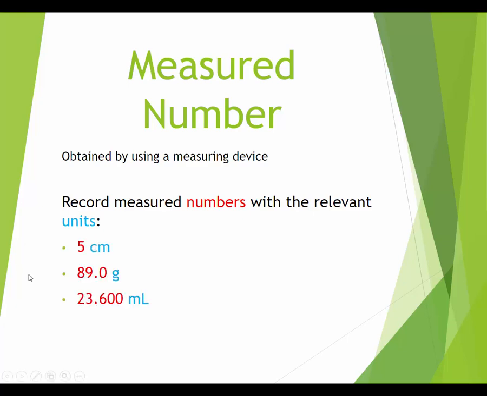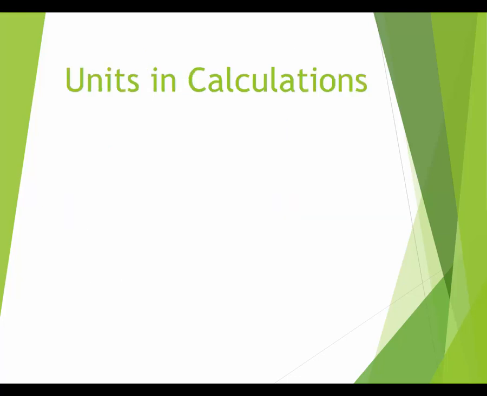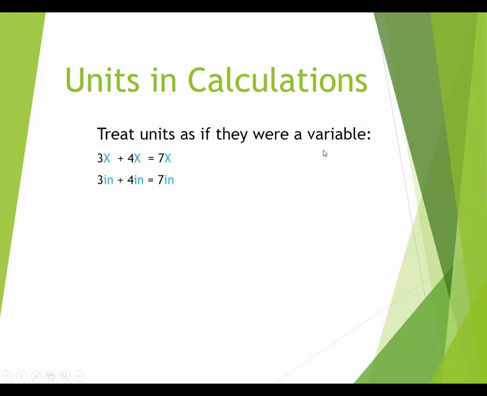For instance, not just 5, but 5 centimeters, inches, meters, gram, kilogram, milliliter, ounces, pounds, dollars, cents, Swiss francs, and whatever. These are the kind of units that we're talking about. I treat units as if they were an x.